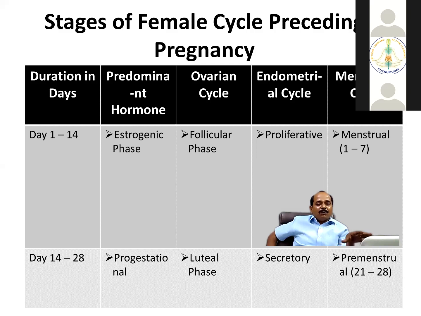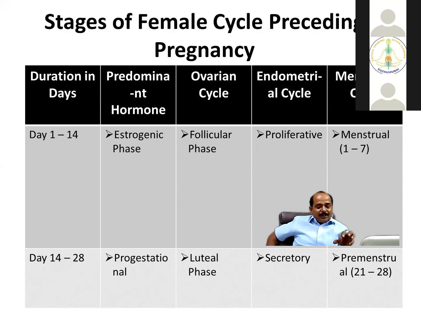So we have to know about the estrogen phase, the follicular phase, the proliferative phase, when the menstruation occurs. Because sometimes oligomenorrhea is also termed as a cause, or heavy shedding is also termed as a cause.